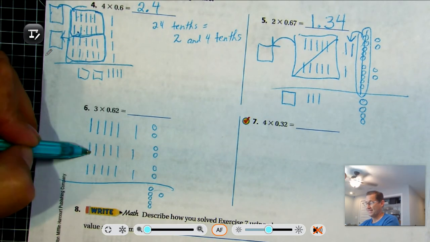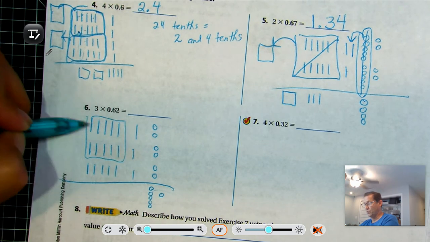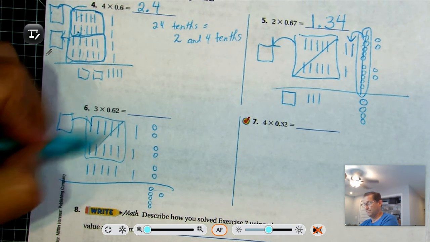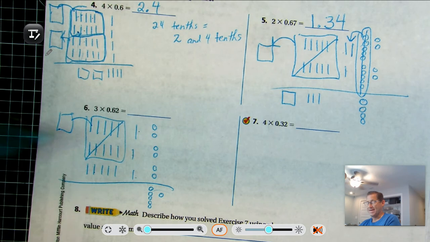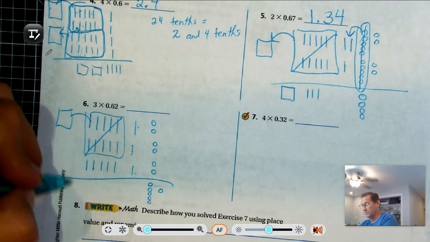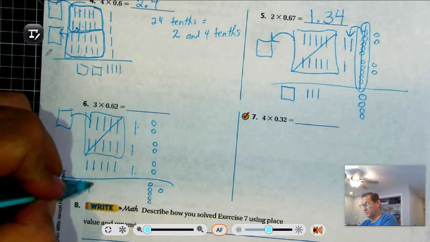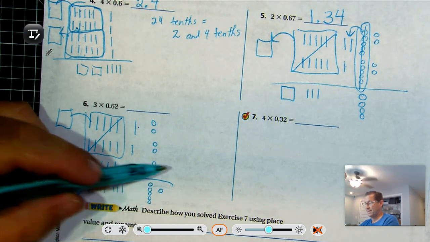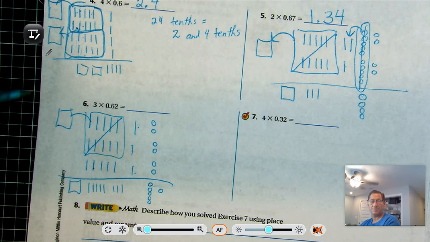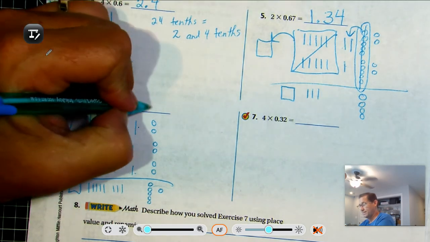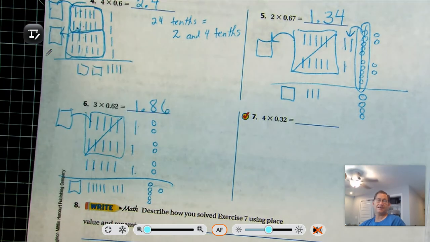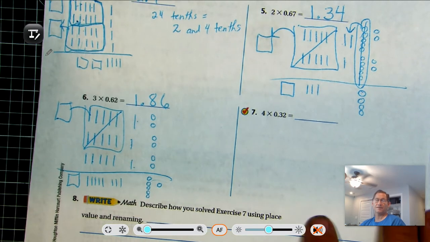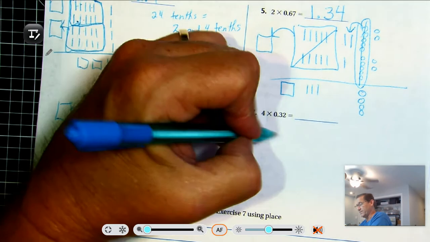Well, that's 5, that's 10. So we know that that's one whole. 5, 6, 7, 8. So I don't need to regroup the other ones. So that's 1 and 1, 2, 3, 4, 5, 6, 7, 8 tenths and 6 hundredths. 1 and 86 hundredths.